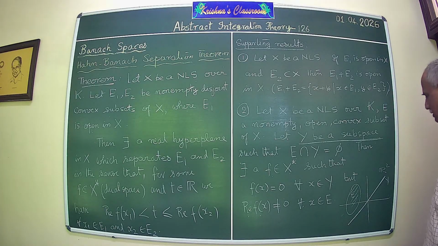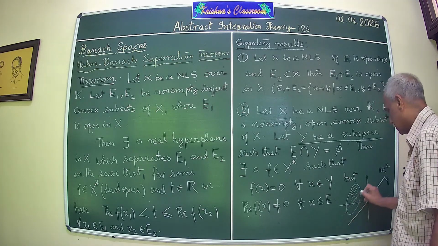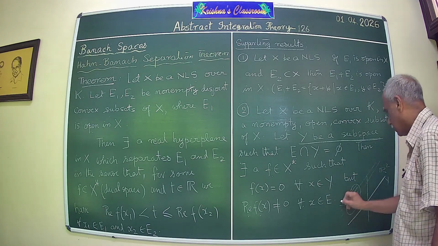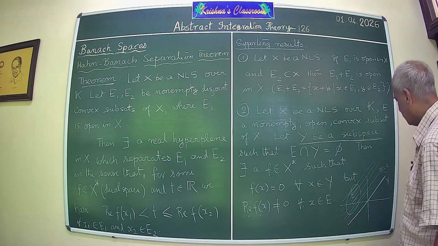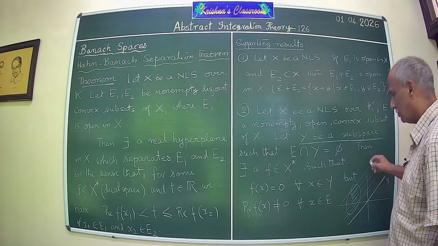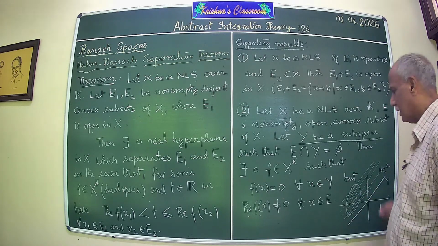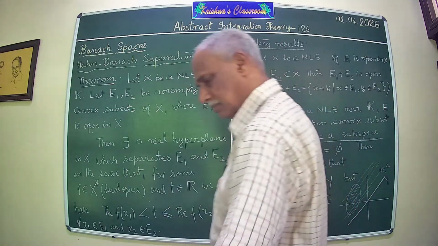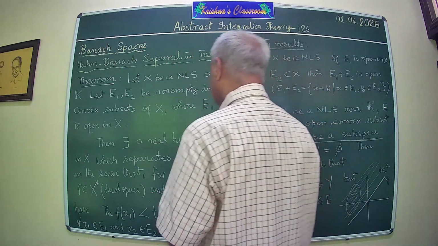And you see that this does not take the value anywhere. So you have all kinds of parallel lines. But this is of the form some y plus alpha, some non-zero constant. Okay, so that's the interpretation of that. We shall go to the third result.